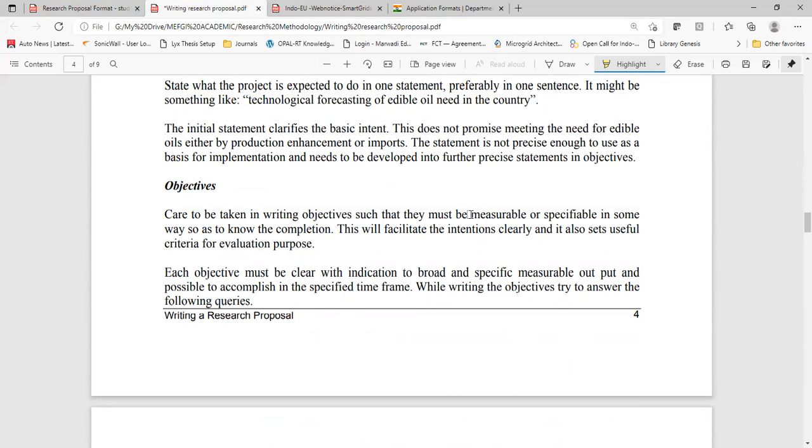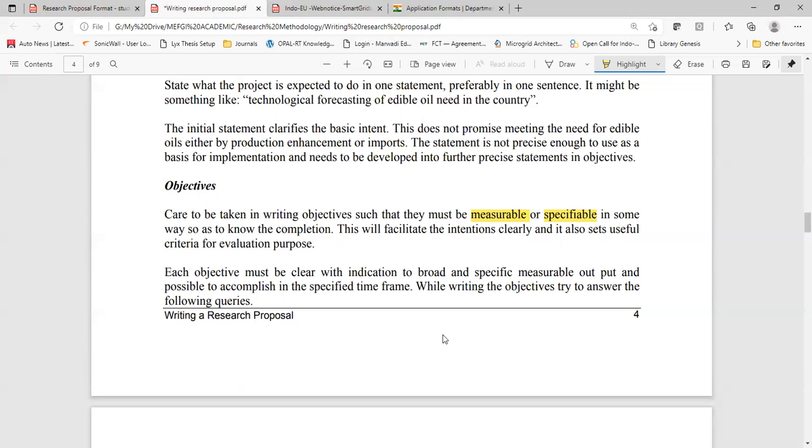There is the point, that objective should be measurable and specifiable so that they can be achieved. For example, if I say improving the efficiency of brushless DC motor.